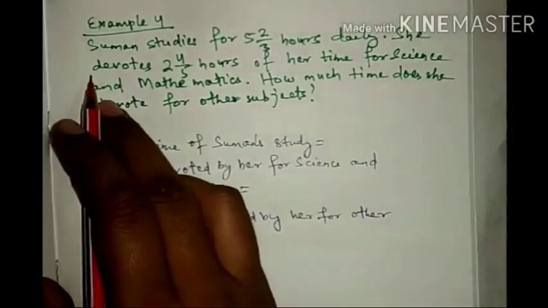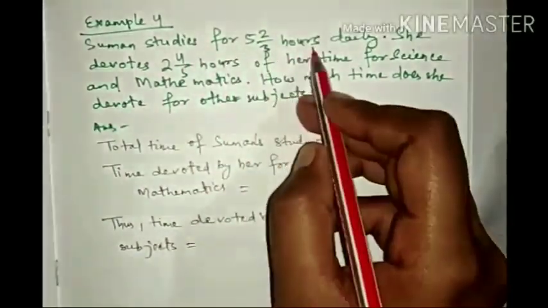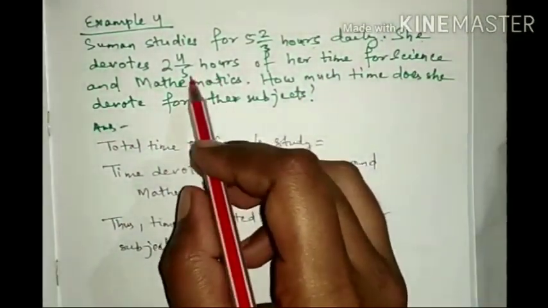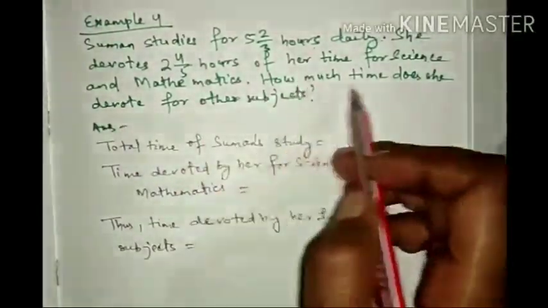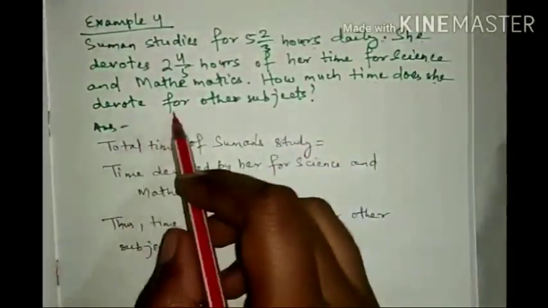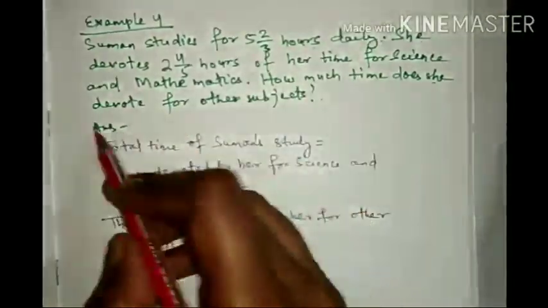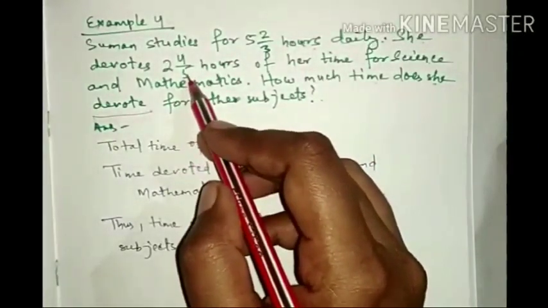Next, example 4. Suman studies for 5 2/3 hours daily. She devotes 2 4/5 hours of her time for science and mathematics. How much time does she devote for other subjects? Devote means spend. So she devoted 2 4/5 hours.